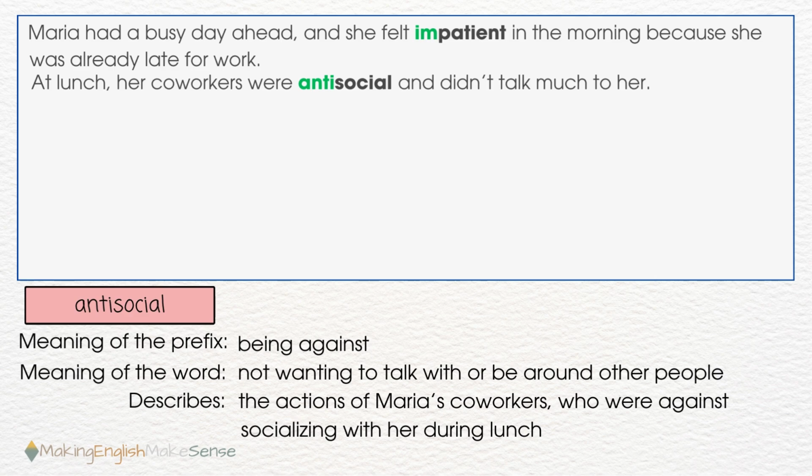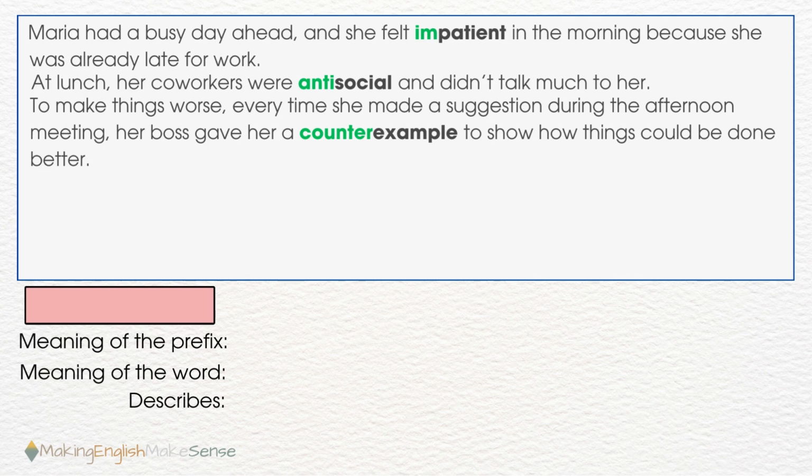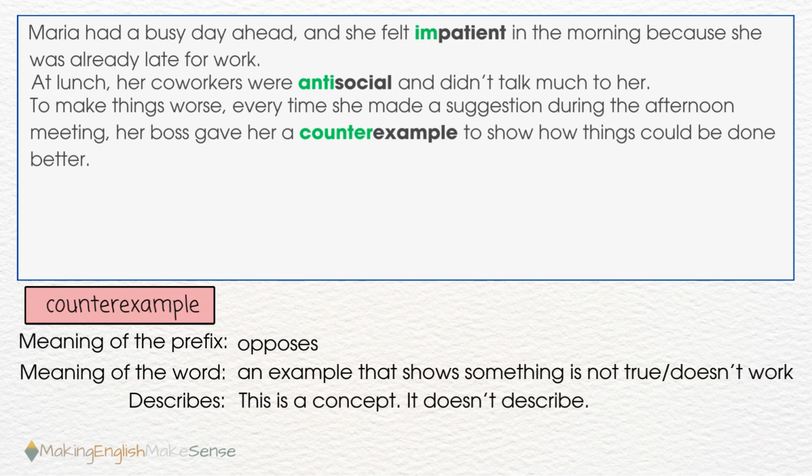As we've already covered, this word means not wanting to talk with or be around other people. Here, antisocial describes the actions of Maria's coworkers, who didn't want to talk with her during lunch. The third sentence includes the word counterexample, which has the prefix counter, meaning opposes.